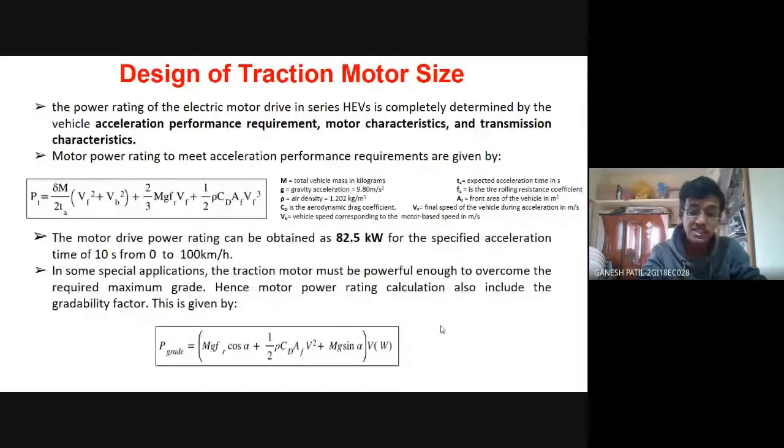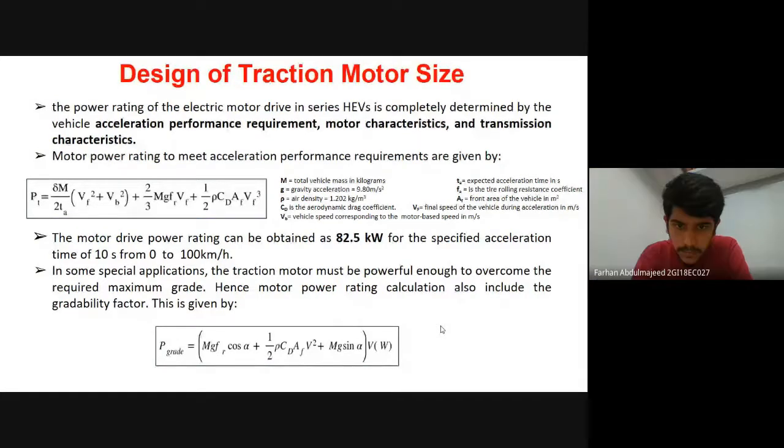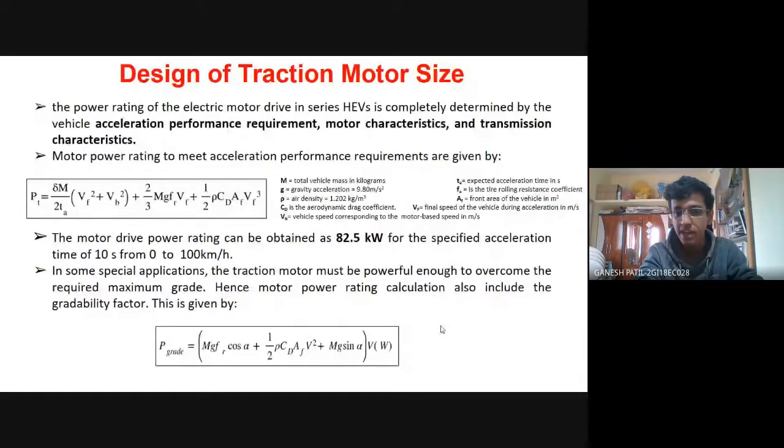Now, in some special applications we need to overcome grades, such as in military applications and high-load carrying, for example in mines or forklifts used in industries. Some grade has to be climbed. So the grade factor is added by mg sine alpha, which is the third part of the second equation, the grade power.